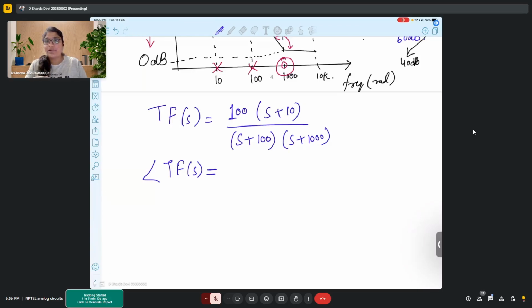If the constant is positive, the phase introduced by it is 0 degrees. If it was negative, the phase would have been minus 180, right? Plus, the numerator will introduce a phase of positive tan inverse omega by 10, and denominators will introduce a phase of minus tan inverse. So denominators introduce a negative phase, numerators introduce a positive phase. That is the convention. Okay.